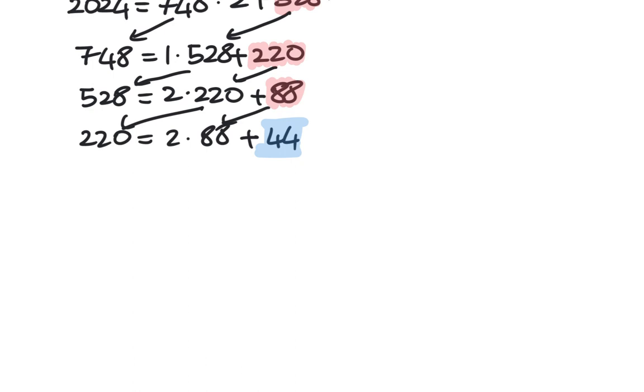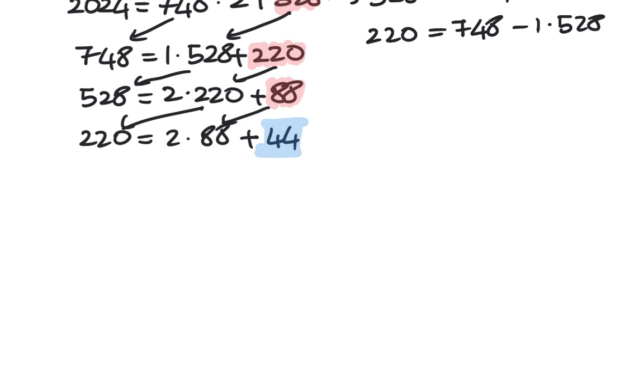So 528 is 2024 minus 2 times 748. Then 220 is 748 minus 1 times 528.